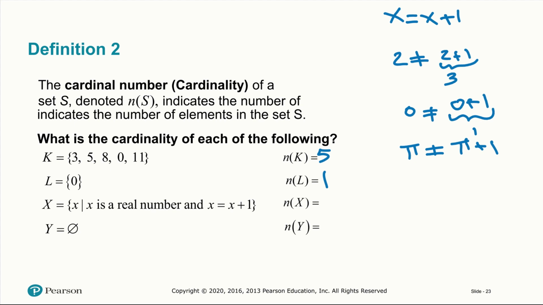So how many elements are in this set, which is all the numbers that satisfy this? There are none, okay? So now you say the number of elements of this set is 0, because there are no elements in that set. Now this symbol here, the big O with the bar through it, that's called the empty set.